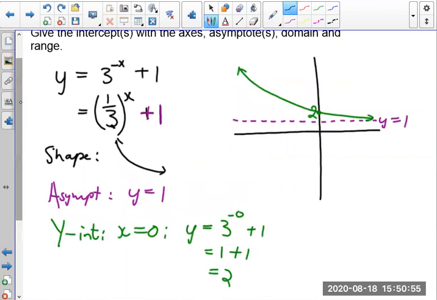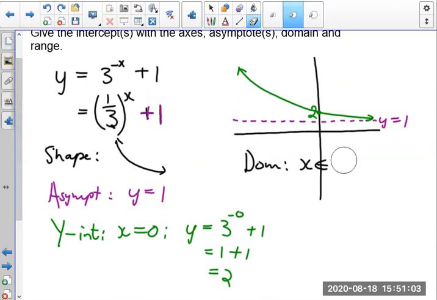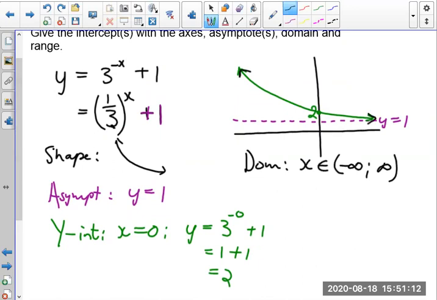So if I want to know the domain, again, I say x element of real numbers, or if you prefer to say x element of minus infinity to positive infinity, that's fine, as long as you put round brackets there.